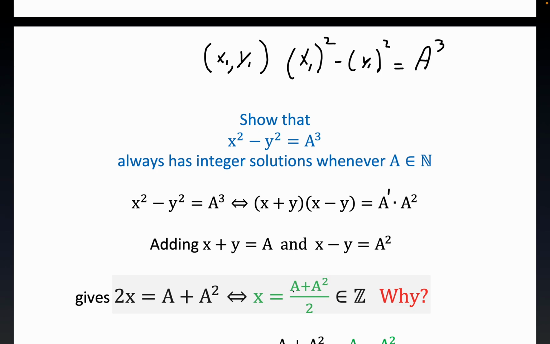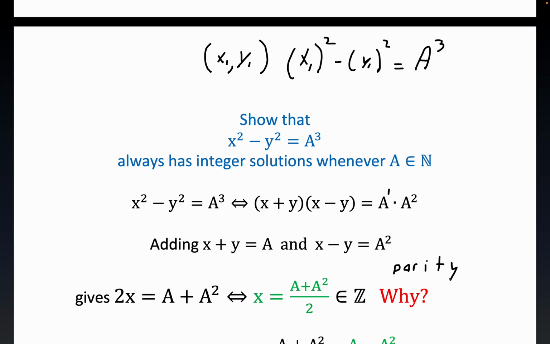Now, if a is odd, a squared is also odd. That's an inevitability, easy to establish. So the sum of two odd numbers is even. Really it's just a very basic parity argument here. You just consider a odd, a even, and it falls out very quickly. Okay, so we have one solution.